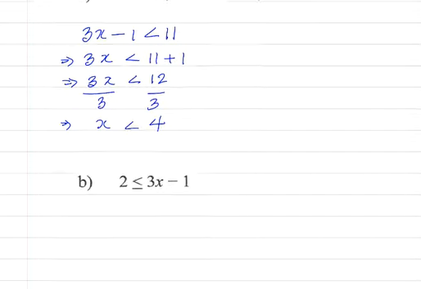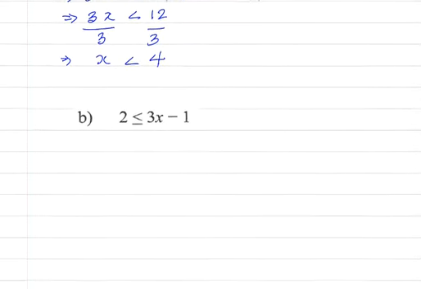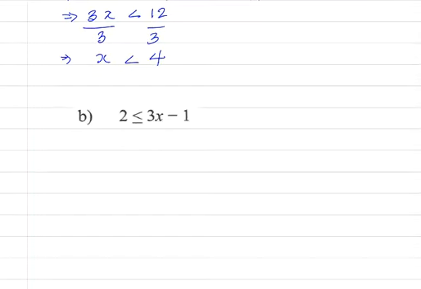Inequality B, here we have 3 is less than or equal to 3x minus 1. So therefore, 2 plus 1 is less than or equal to 3x. Therefore, 3 is less than or equal to 3x.